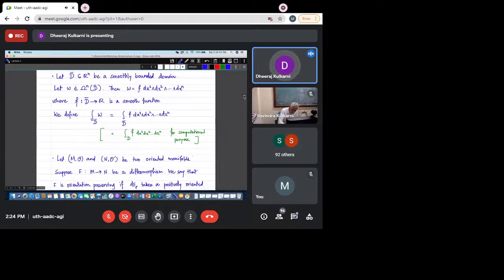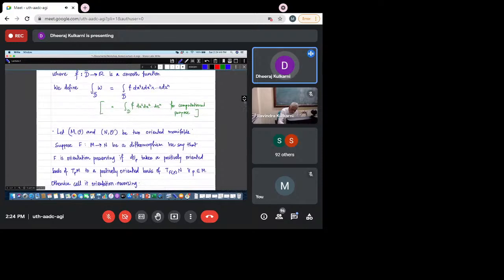So now before we move on and generalize this definition onto manifolds, this is going to be our local definition. We need a small concept of orientation preserving or orientation reversing diffeomorphisms. Let (M, O) and (N, O prime) be two oriented manifolds.